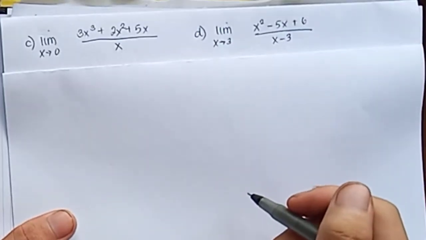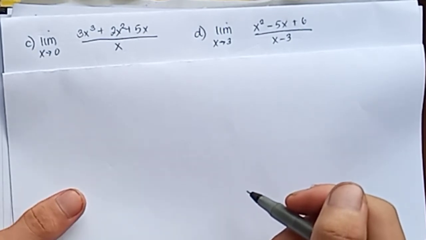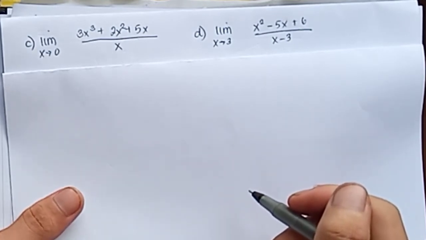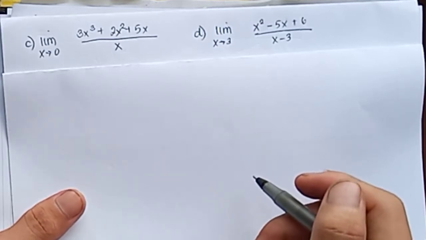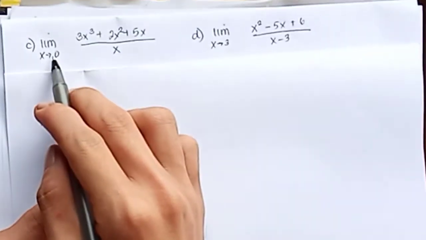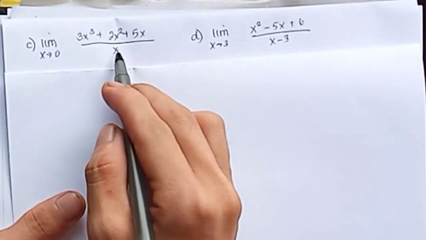Set of examples. So, I have letter C, that is 3x cubed plus 2x squared plus 5x over x as x approaches 0. So, sabi ko nga kanina, it can be factored. Kung ang x daw ay 0, it can be undefined. Tama ba?